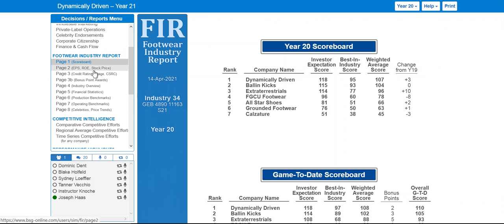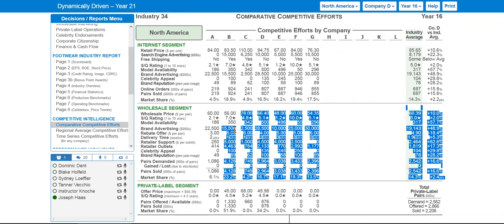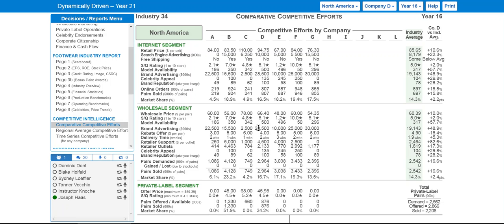If you look at Team B for North America, they spent $15,500. We spent twice as much money, but their demand was much higher, and that was because of their celebrity appeal and brand reputation.